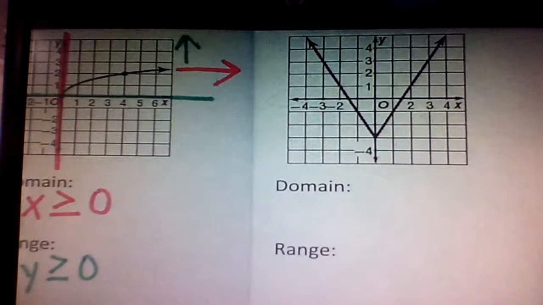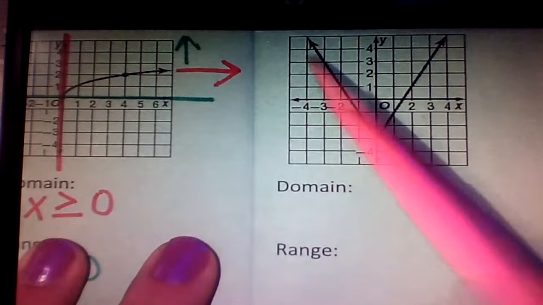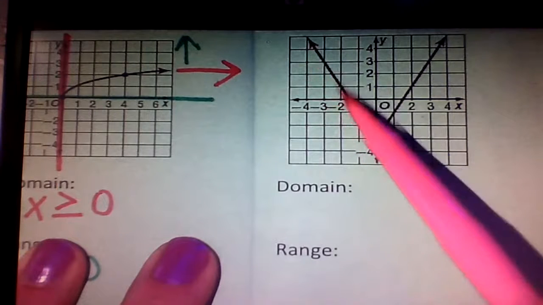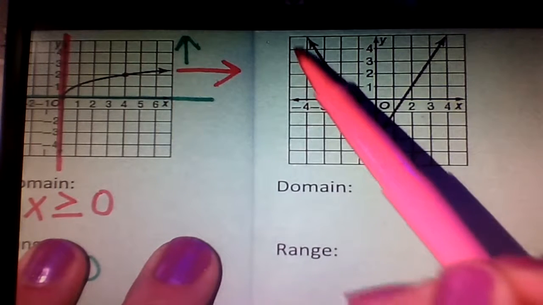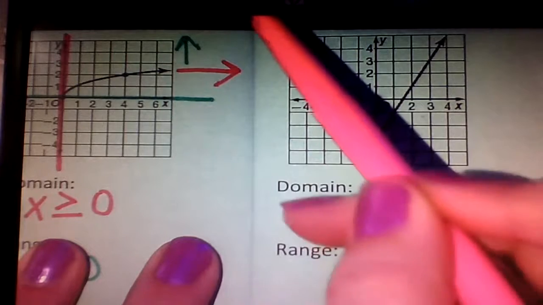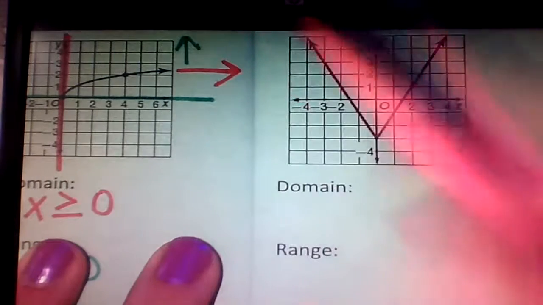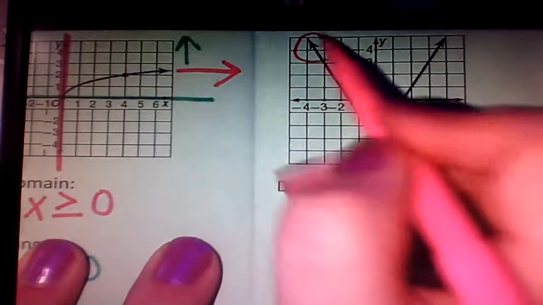So, in this one, your x's. What's happened? Okay. So, your x, how far to the left is my graph going with this arrow over here?